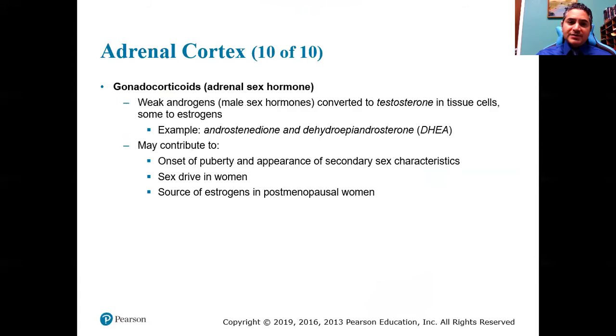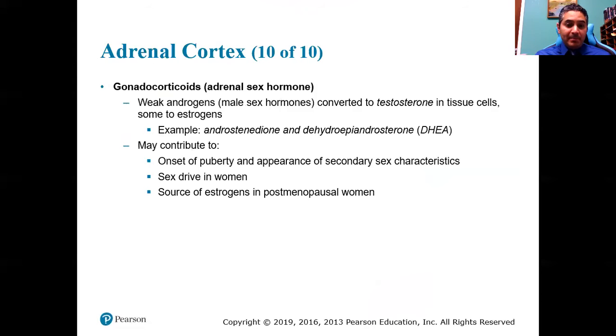Let's go here. We're still in the adrenal cortex. Let's look at the gonadocorticoids. Here, gonad, think gonad. Adrenal sex hormones, right? So in weak androgens, male sex hormones convert to testosterone in tissues and some androgens, right?